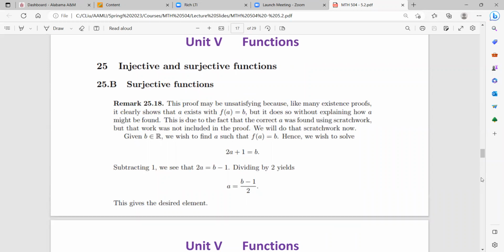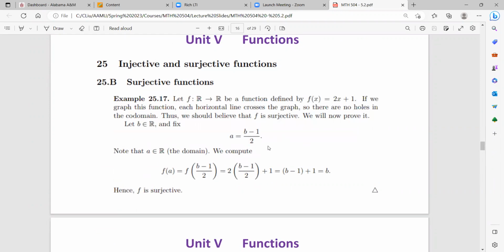The other question is, how do you find the value of a in the ordered pair with b in the function? We didn't do it in the previous example. Now let's show how we obtained this value of a.